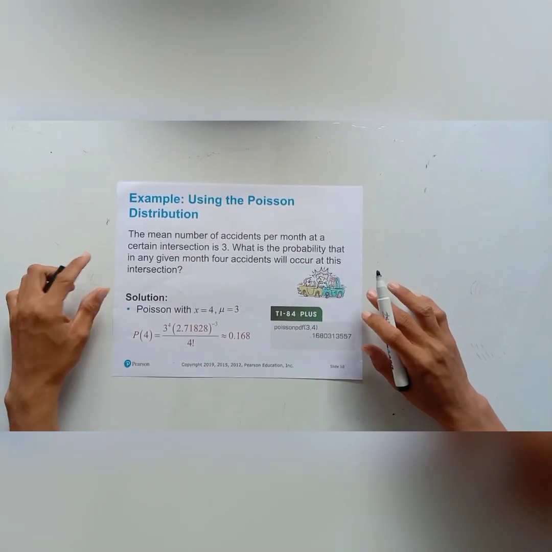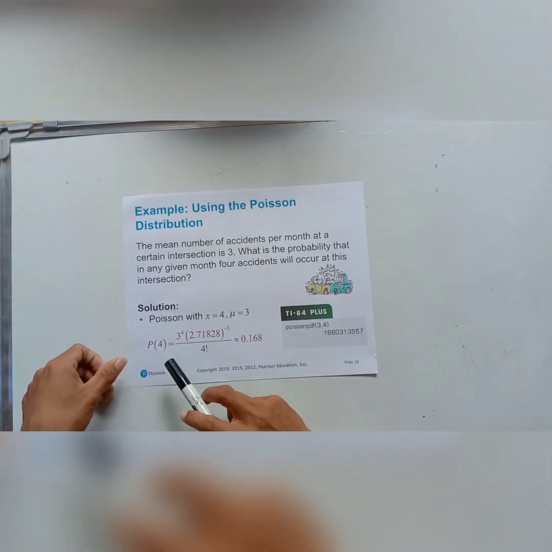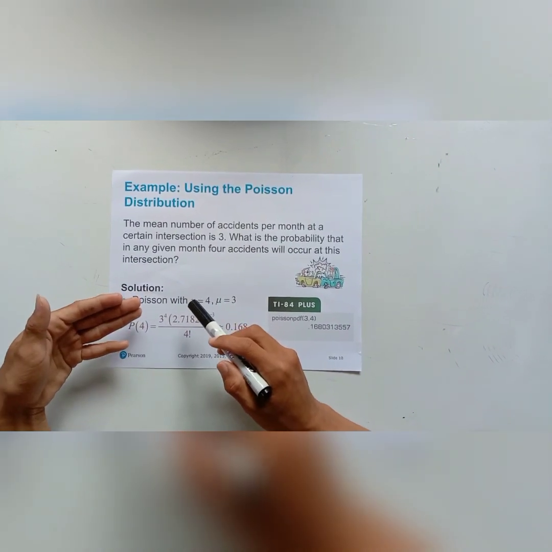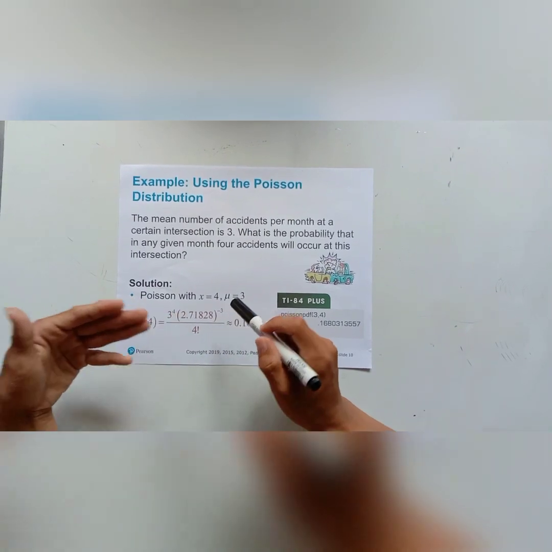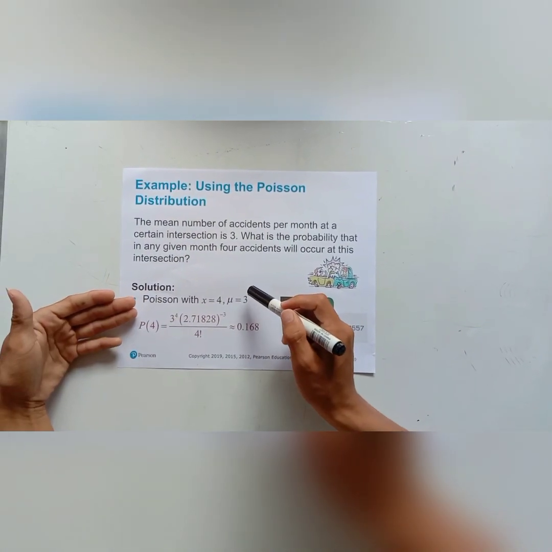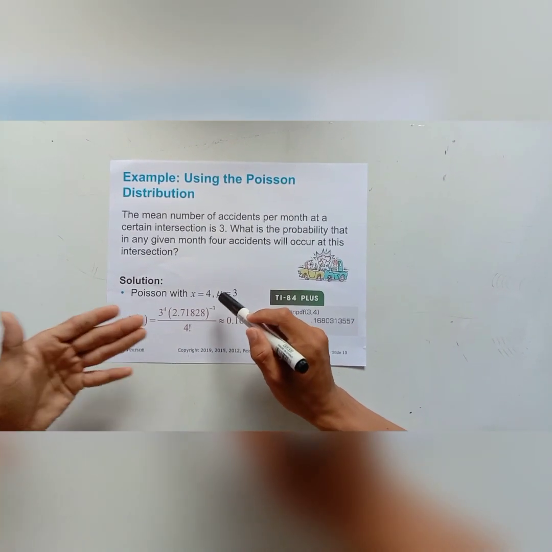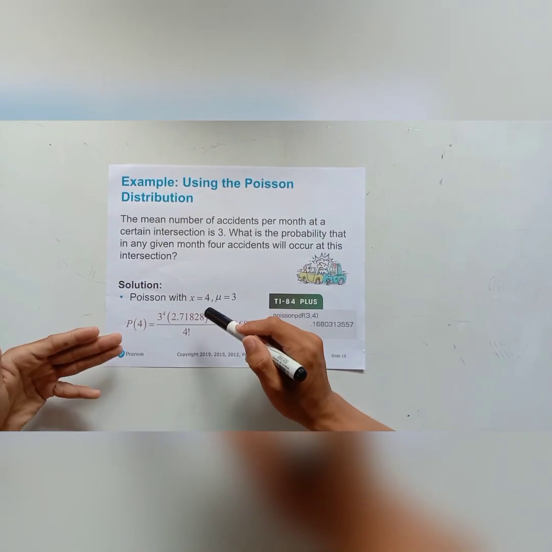By substituting into the given formula, we get P of 4 is equal to 3 raised to the power of 4 times 2.71828 raised to the power of negative 3, since it is negative mu, and then over 4 factorial, or X factorial.